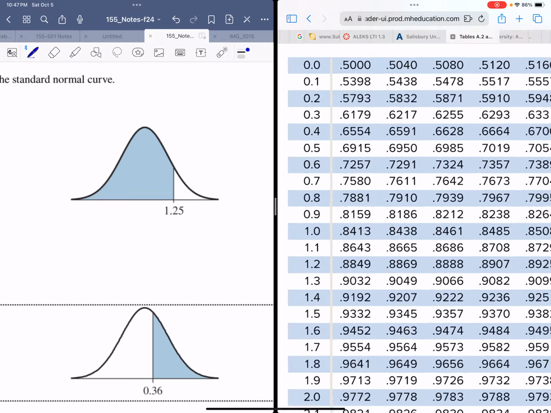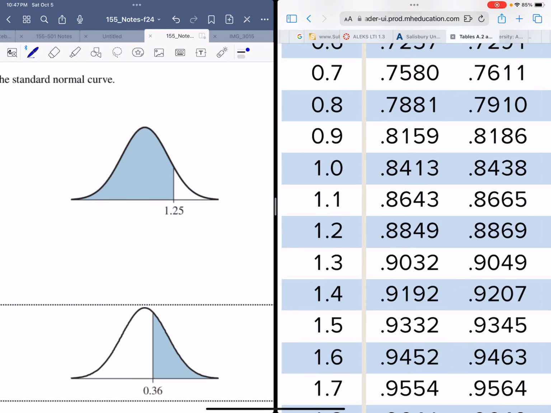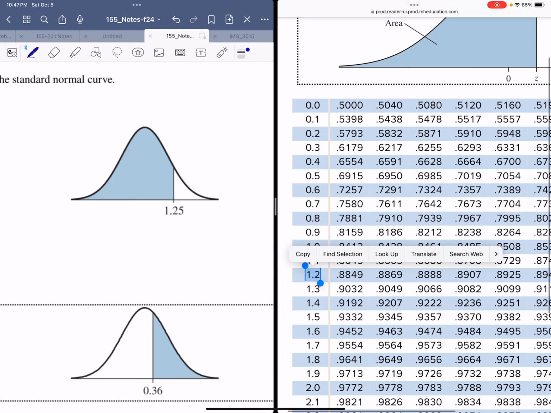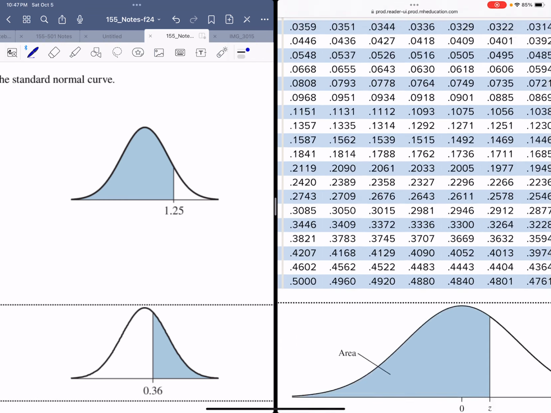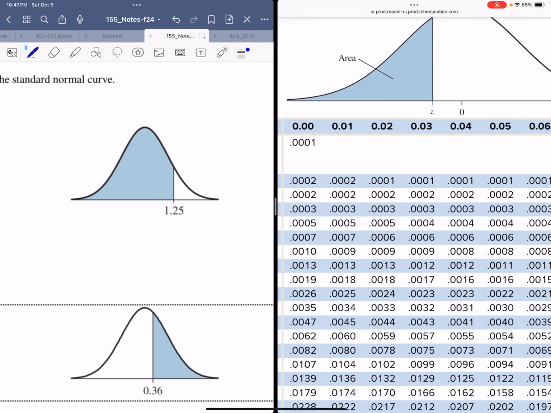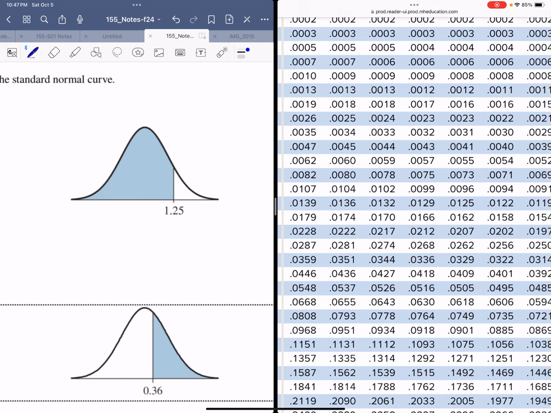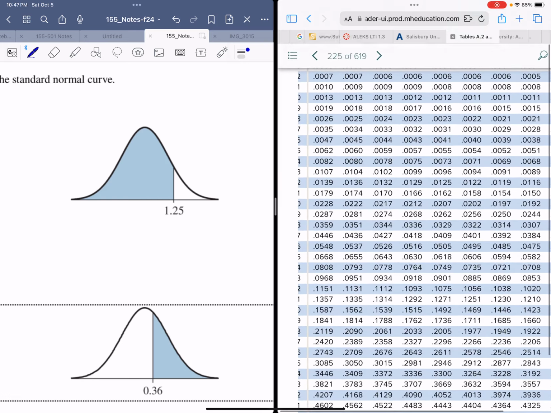We look on the left-hand side. See that 1.2 right here? That's what we start with. Then we go to the right and look in this row. If you look way up here, we go 0.00, 0.01, 0.02, 0.03, 0.04, 0.05. So we go to the 1.2 row and then the 0.05 column. That's going to give us the number that we want.